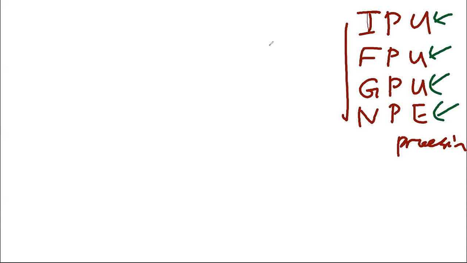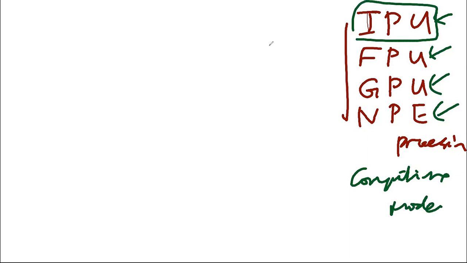So each generation you have a different processor, and our compiler tries to do translation to make this one work, make this one work, make this one work. So every kind of processor has a different computing model. The control always is this integer processor.